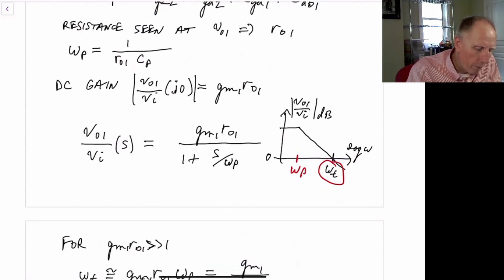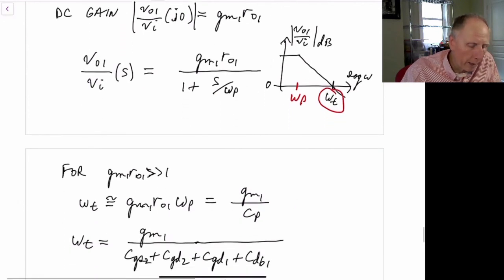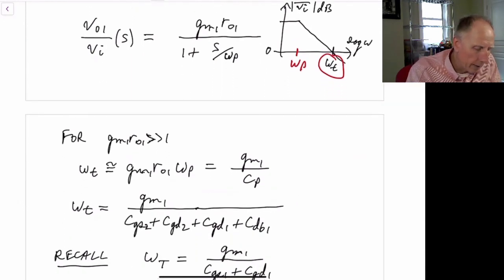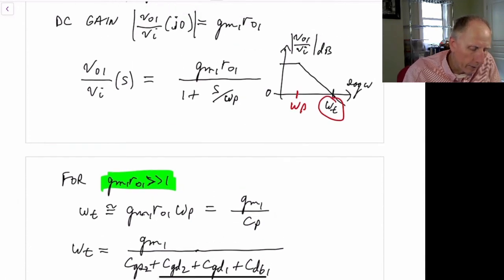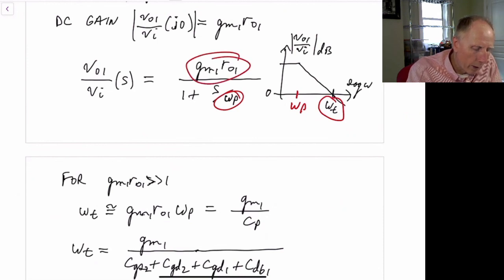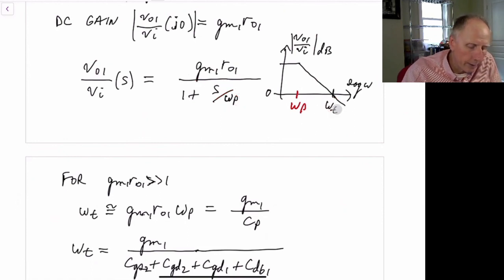And what we know from before is that we can estimate the unity gain frequency of a first order low pass filter if the DC gain is large. So if GM1 RO1 is much greater than 1, then we can estimate this as just multiplying the two together. If we multiply omega P times GM1 RO1, that would be a good estimate for omega T when the DC gain is much greater than 1.